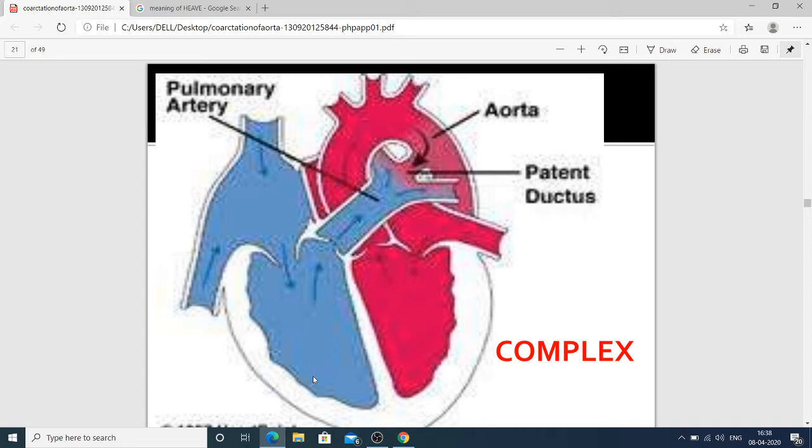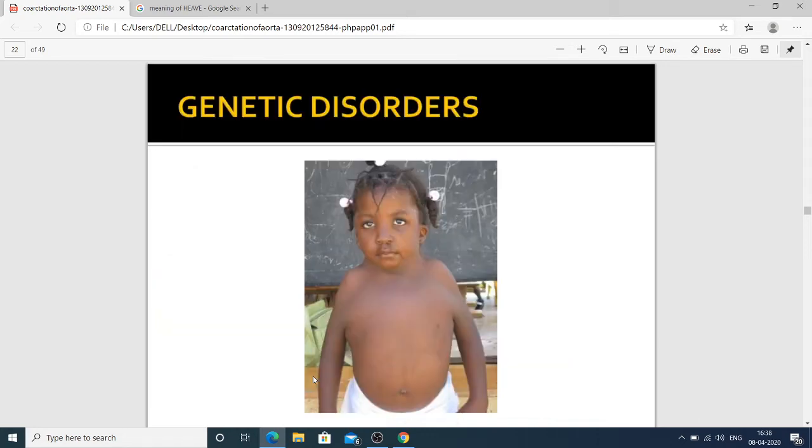So there is increased pressure in the upper part of the body and lower pressure in the lower part. Growth of the lower part of the body is less compared to the upper part, because the upper part has sufficient blood supply compared to the lower part.